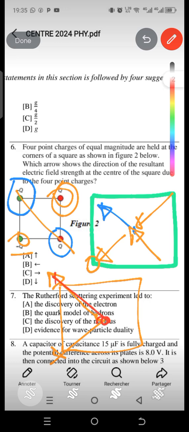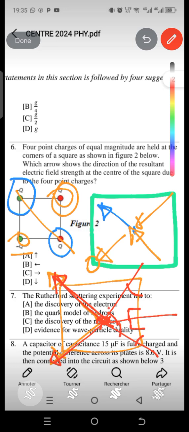This is a diagonal, and this is another diagonal, which means that the angle between the two diagonals is basically 90 degrees. Because if I complete it and draw a line like this, it is going to be 45 degrees here, 45 degrees here, and 90 degrees here. Here 45 degrees, here 90 degrees, here 45 degrees.